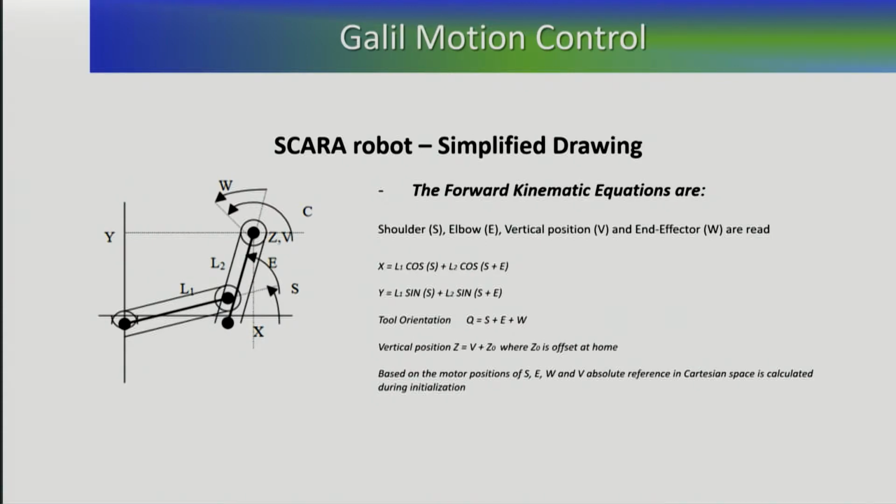The kinematic equations are needed, and the sole purpose of looking at the kinematic equations, as I mentioned earlier, is to transfer from the motor space to the Cartesian and Cartesian back to motor space. Forward equations allow you to transfer the motor space into the Cartesian space.